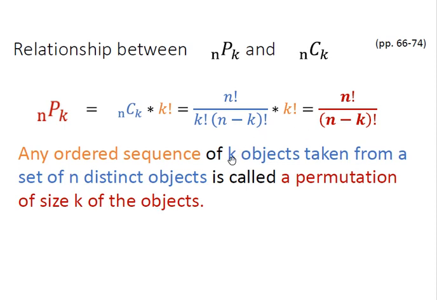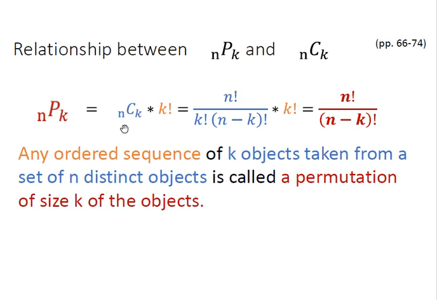So, in the first step, we have n objects, but we want to write the permutations for k objects. So the first step is choosing or selecting k objects out of n objects. Choosing and selecting k objects out of n objects is the definition of combination.